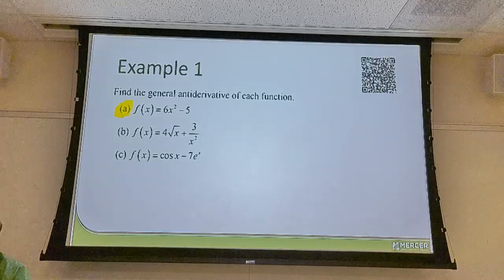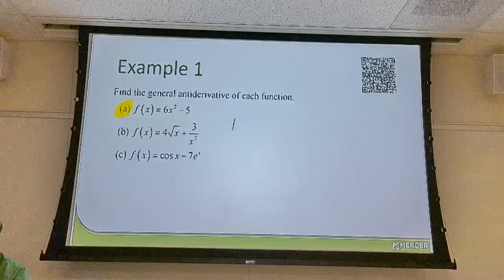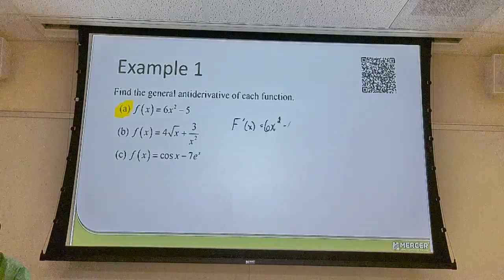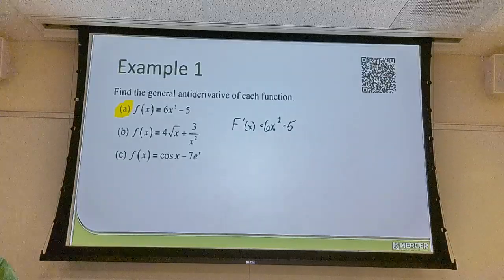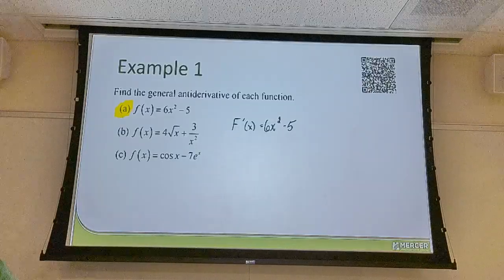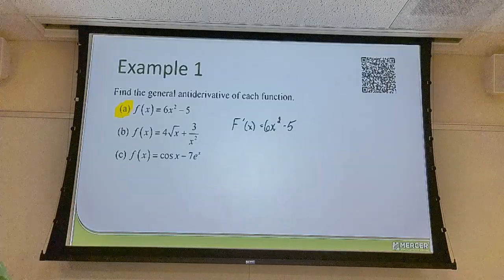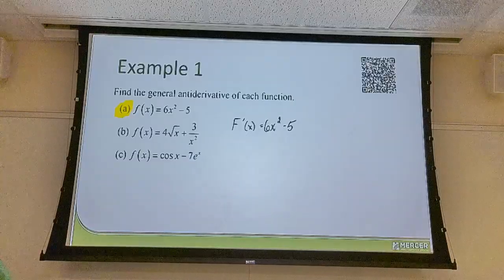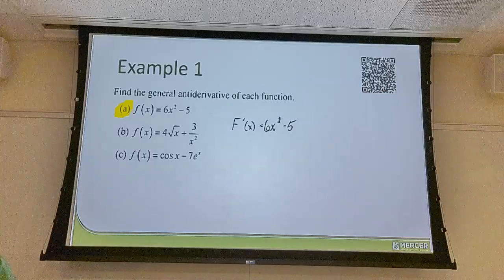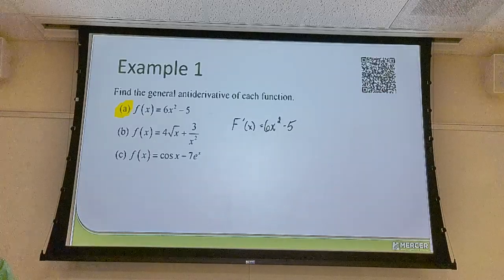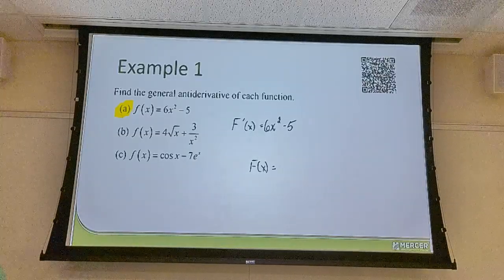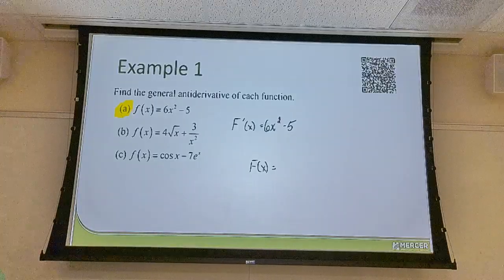So if we're looking for a function whose derivative is 6x squared minus 5, I'm not going to use those formulas for this problem. We'll go over it conceptually through the actual definition of an antiderivative. So, 6x squared minus 5: what function, when you take its derivative, is 6x squared minus 5?